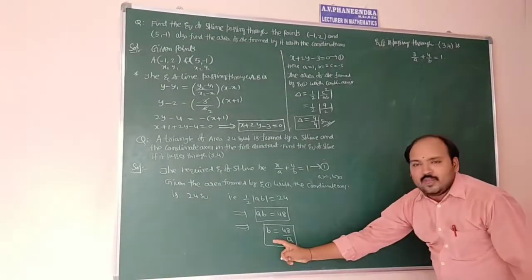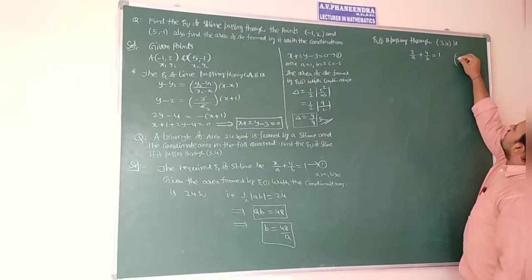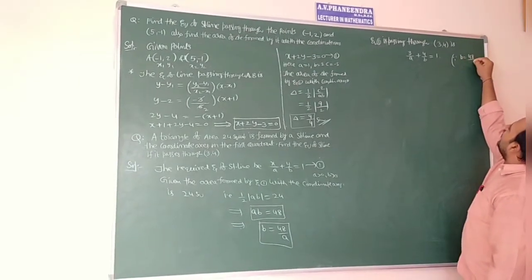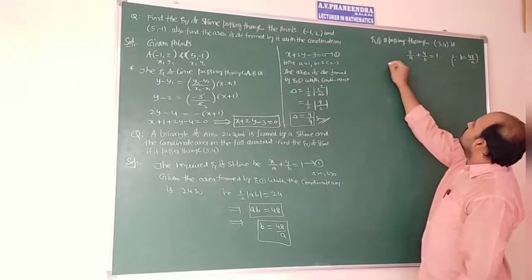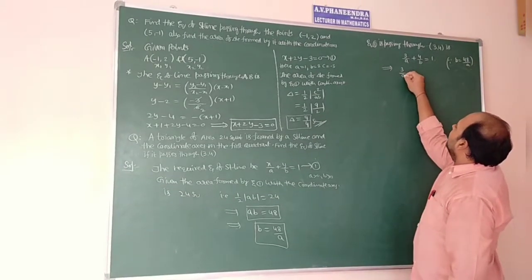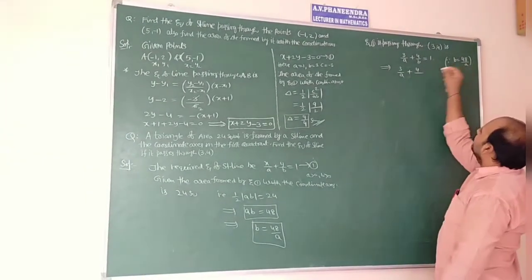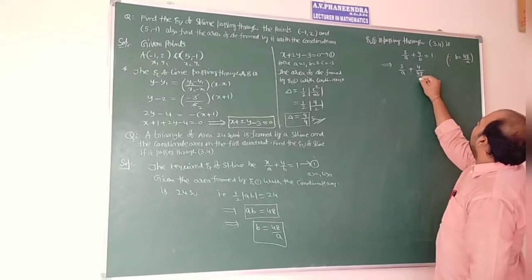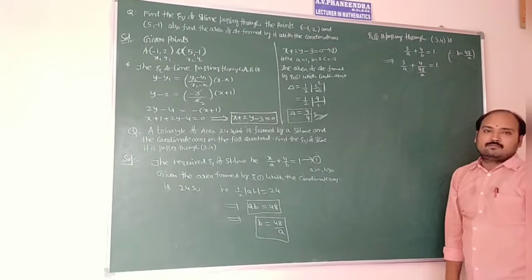Here we know the value of b now. Since b is equal to 48 by a, substitute in place of b in terms of a. 3 by a plus 4 divided by 48 divided by a is equal to 1.